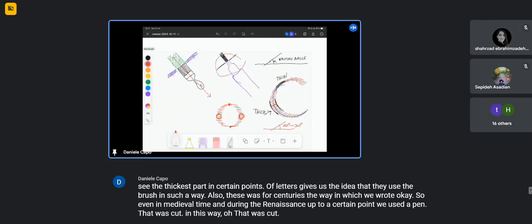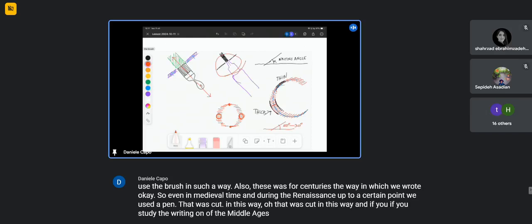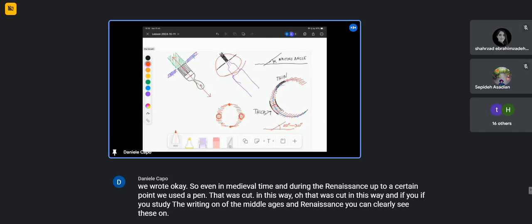That was cut in this way, and if you study the writing of the Middle Ages and the Renaissance, you can clearly see this on the manuscripts.